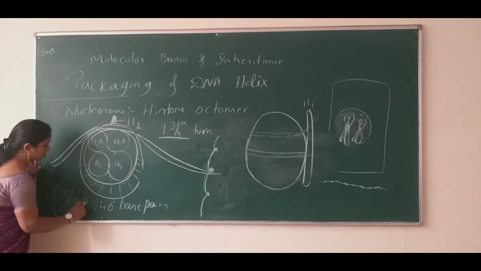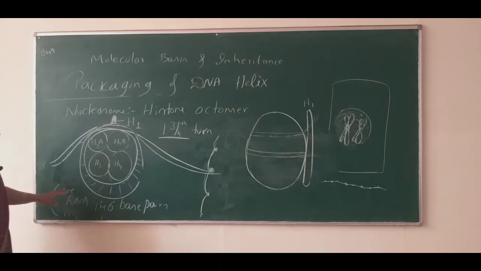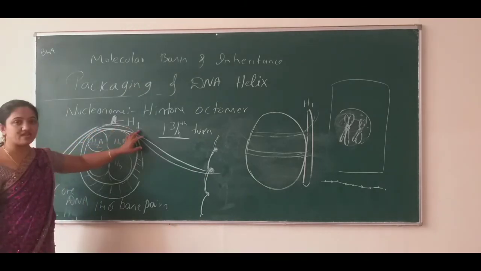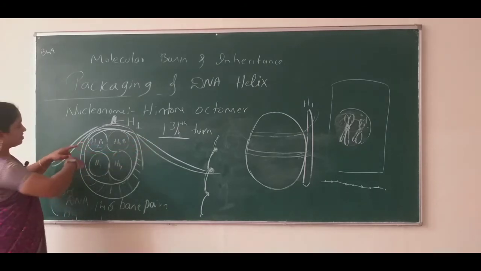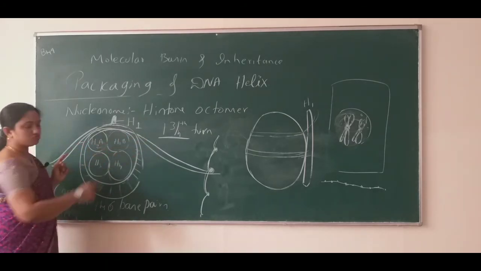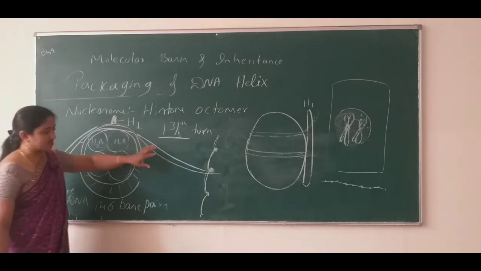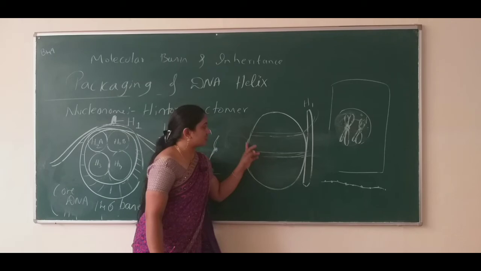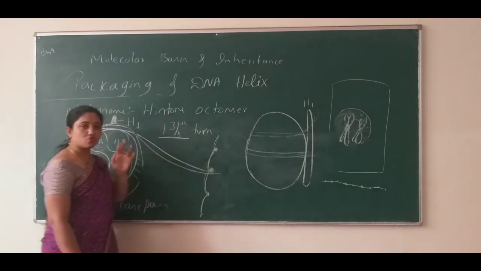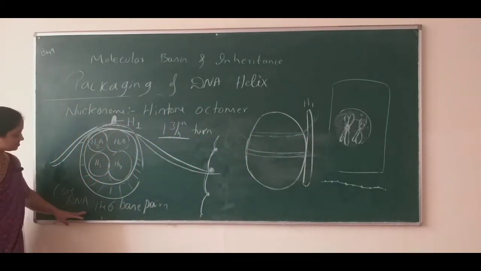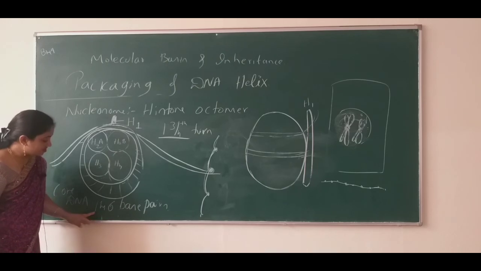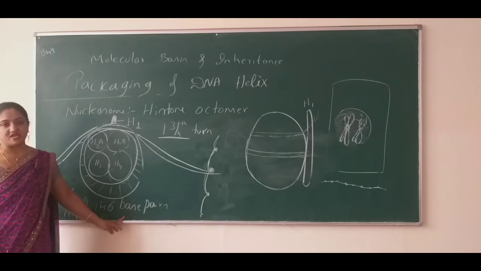So the DNA strand which is wrapped around the histone octamer is known as core DNA, and it has 146 base pairs.